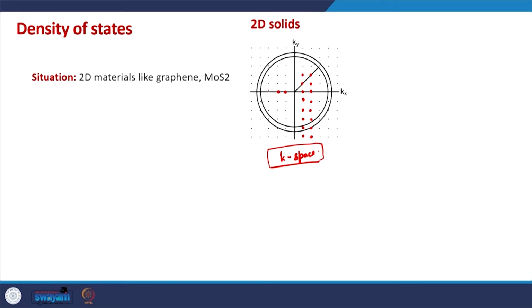There are two other points that we need to keep in mind. One is that we did not consider the spin degree of freedom of electrons. So, we need to multiply the number of allowed states by 2.